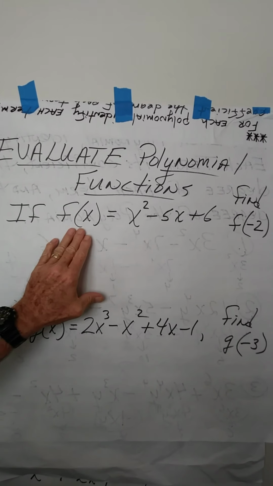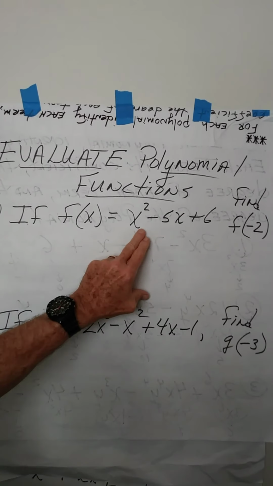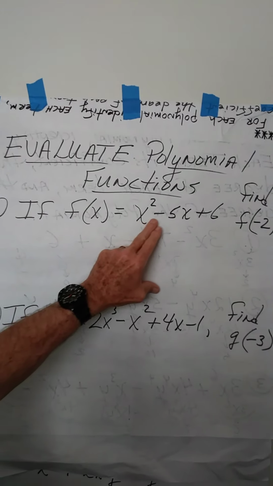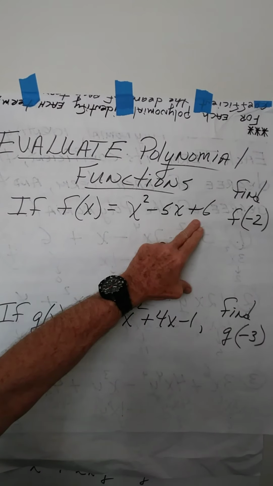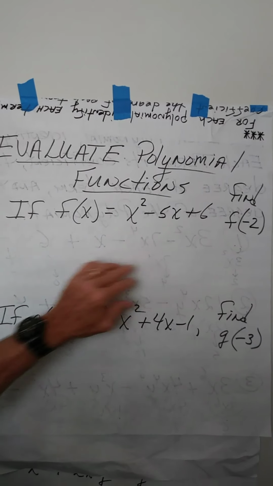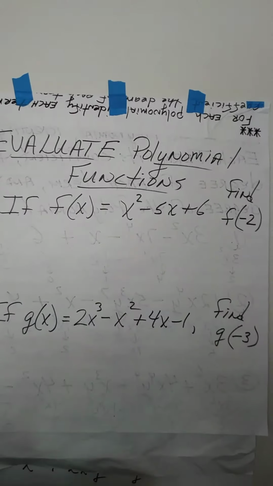And it's a polynomial function because this is defined in terms of a trinomial. X squared minus 5x plus 6 is a trinomial expression, so it's a polynomial. We call this function a polynomial function.